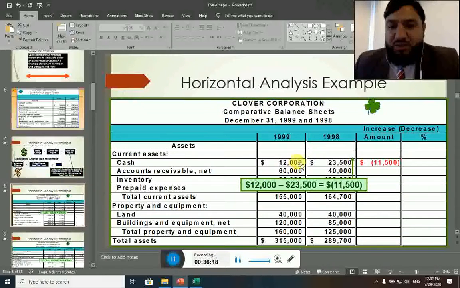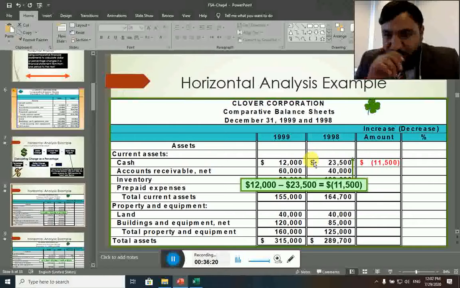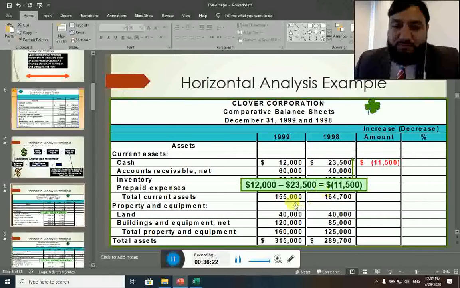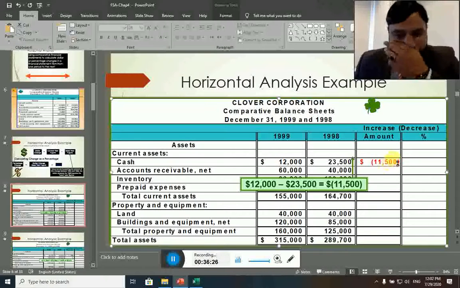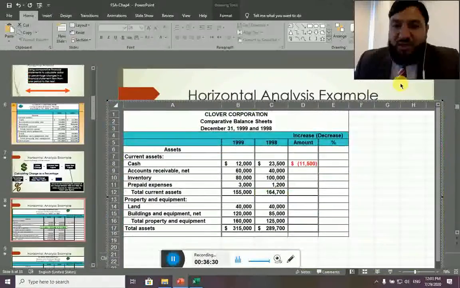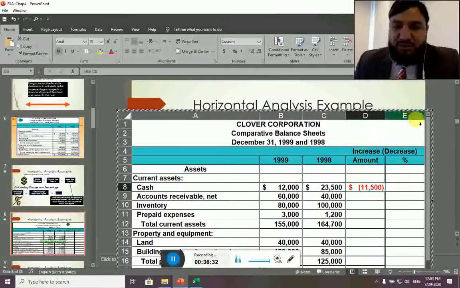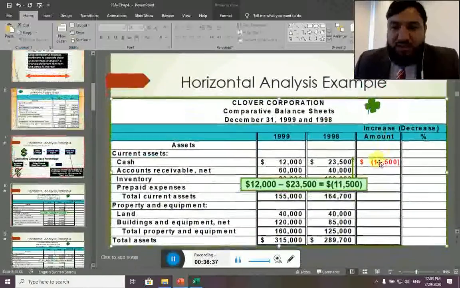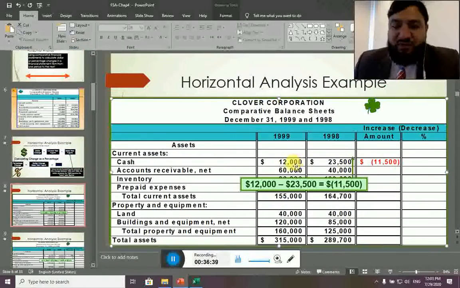So here 98 is taken as the base year. Per the formula, if you want to find the dollar change, we have to subtract the base year figure from the current year.